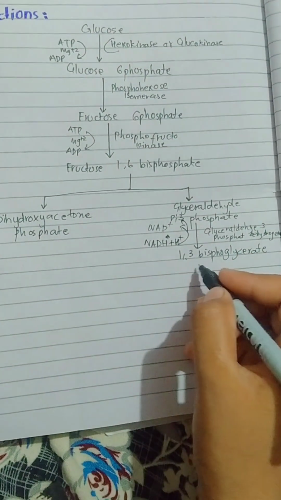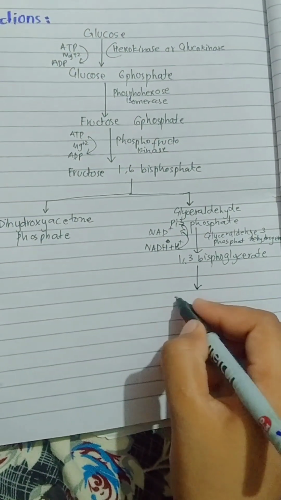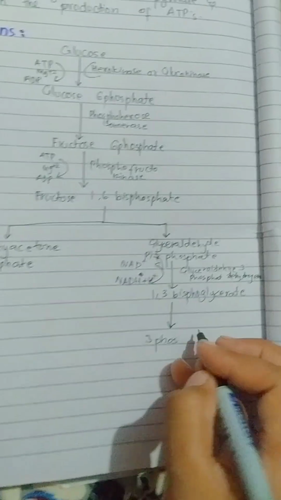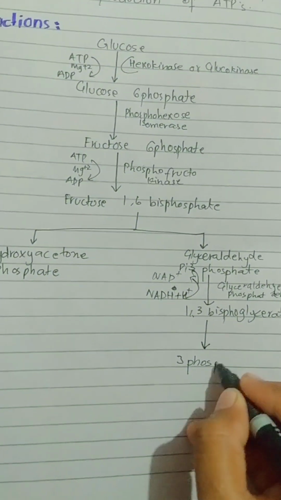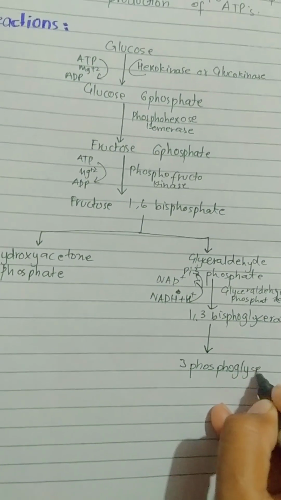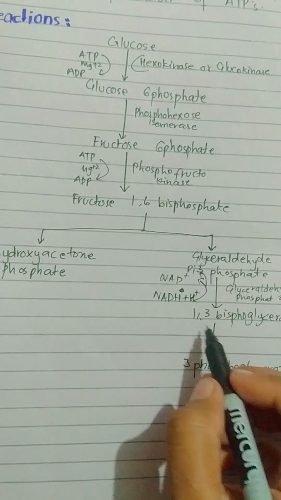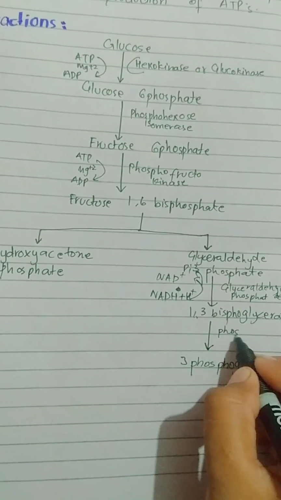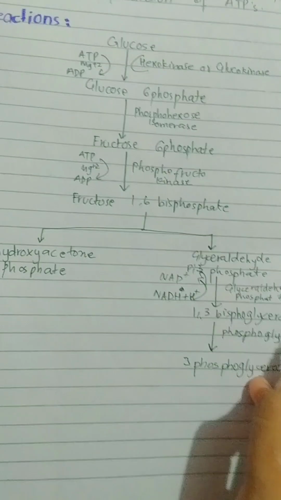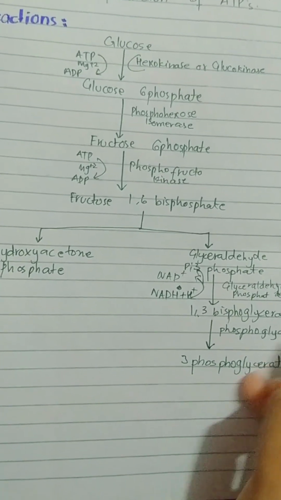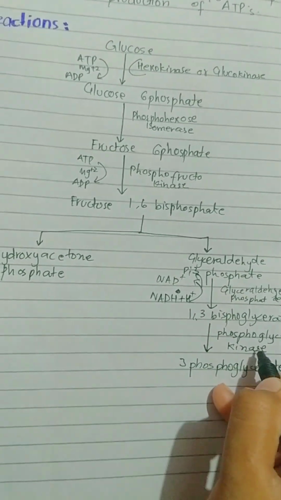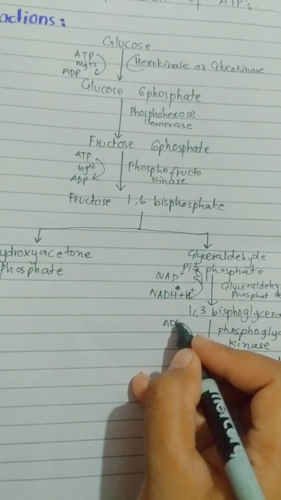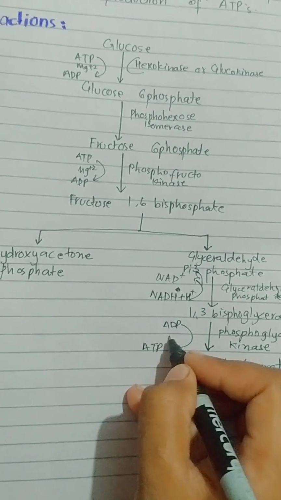1,3-bisphosphoglycerate converts into 3-phosphoglycerate. The enzyme used in this reaction is phosphoglycerate kinase, and 1 ADP converts into 1 ATP.